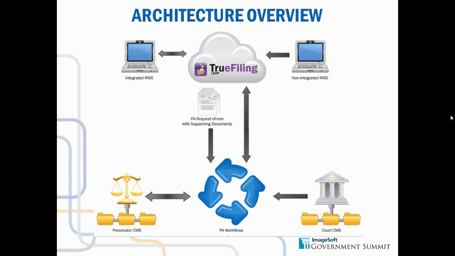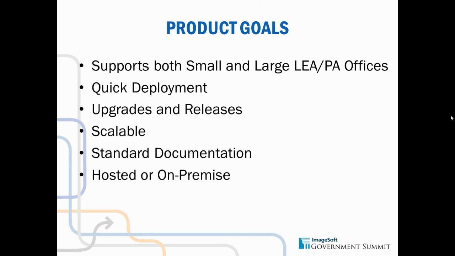It supports complete bidirectional communication between law enforcement and the prosecutor's office. The product goals are to support both small and large offices. What we implemented at Lenawee County, we believe is going to work well at Macomb County.